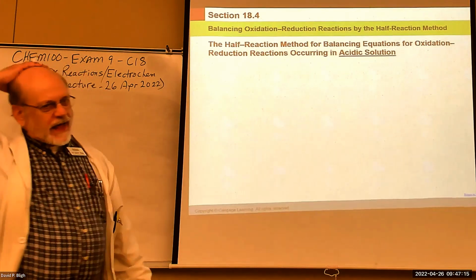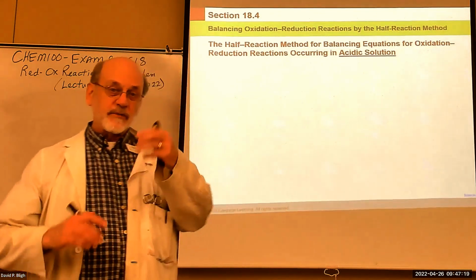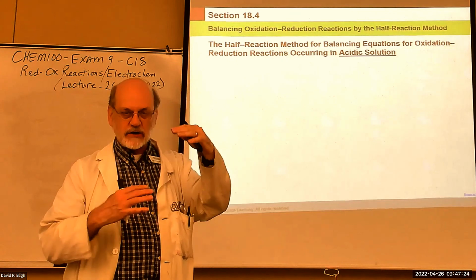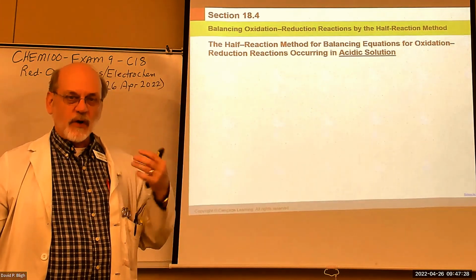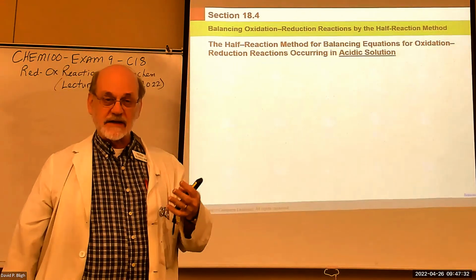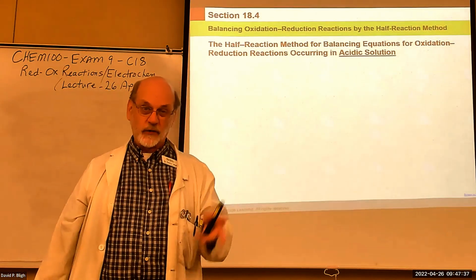Okay, so now let me give you some guidance, some rules. We know that we have to split the reaction into 2 separate reactions, oxidation and reduction. There are 2 approaches to balancing by the half reaction method. Actually, there are 3.